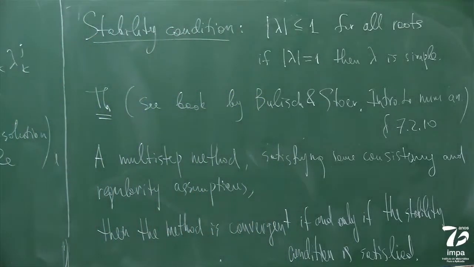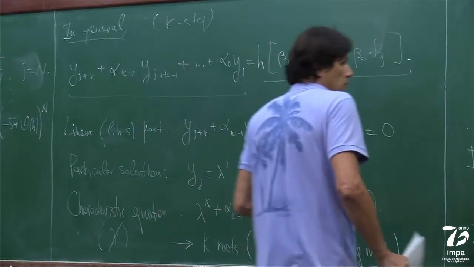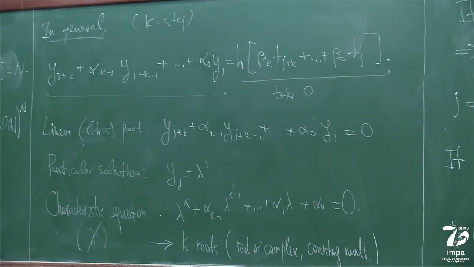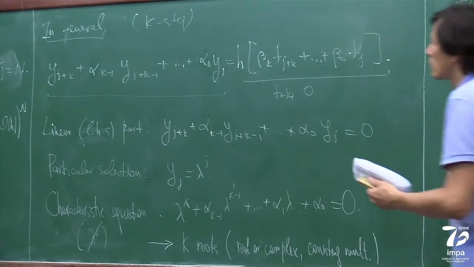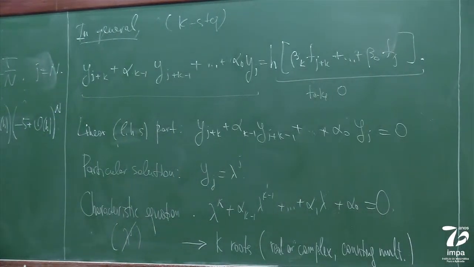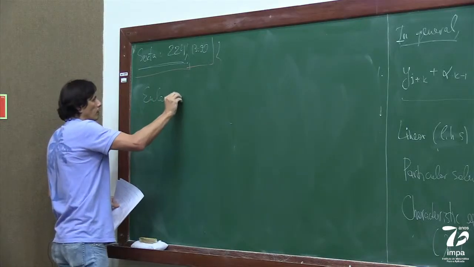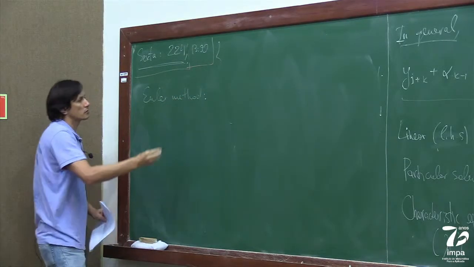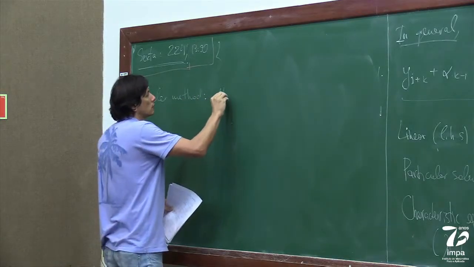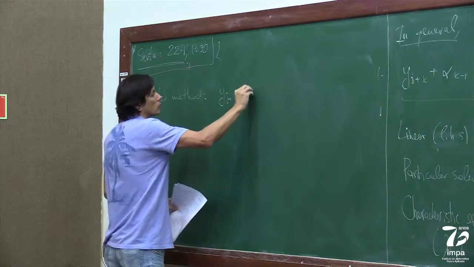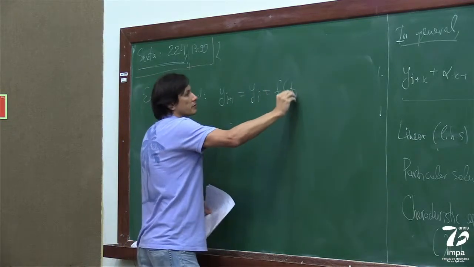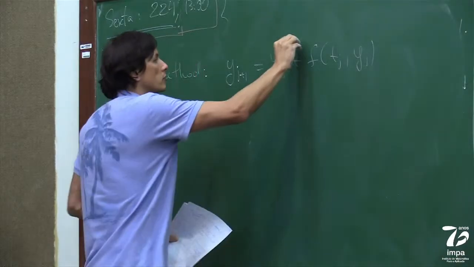So in particular, what you can see is the single-step method. Let's say the Euler method. So the Euler method is what? It is y_{j+1} equals y_j plus f(t_j, y_j) h. Correct?